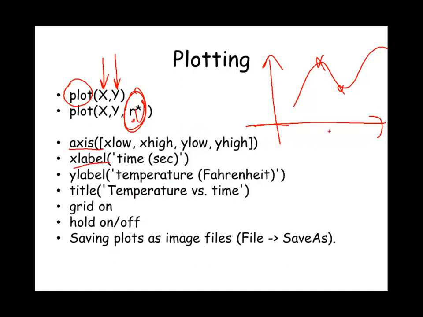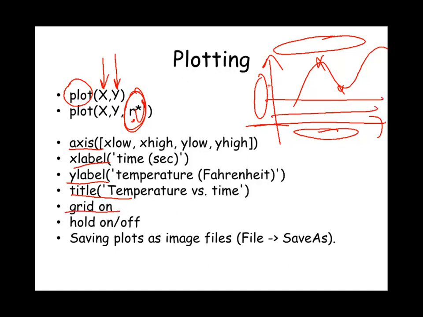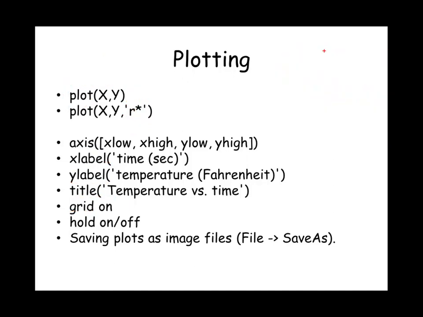X label will place a label for the x-axis. Y label will place a label for the y-axis. The title command will place a title to your plot. Grid on will turn on the grid for this plot. Whenever you call the plot function, it will remove the old plot and start from a fresh new plot.